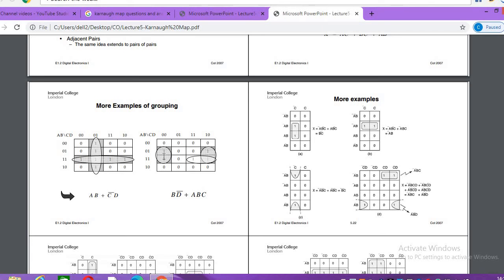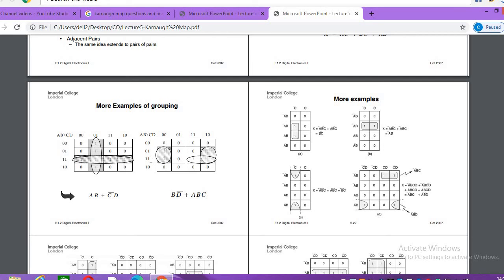see, for these 2 ones, what is the common thing? For these 2 ones, 1, 1 is common, in this row.